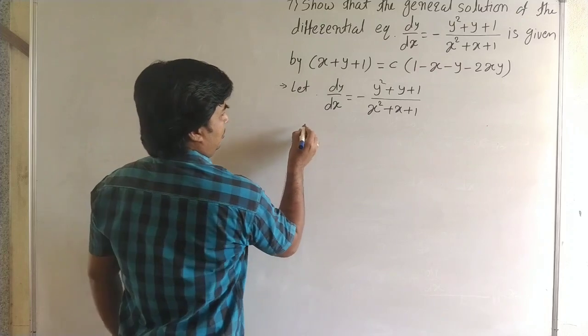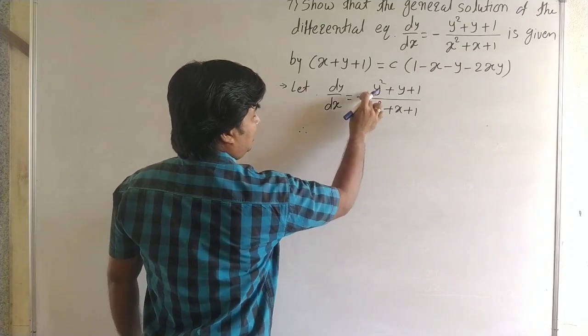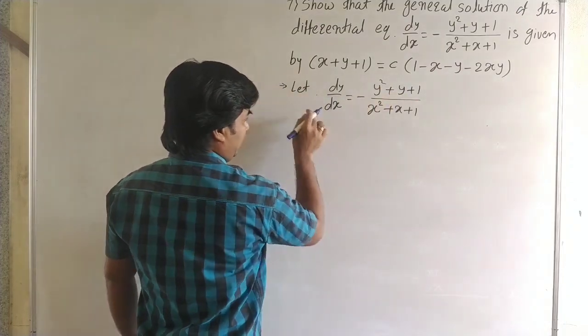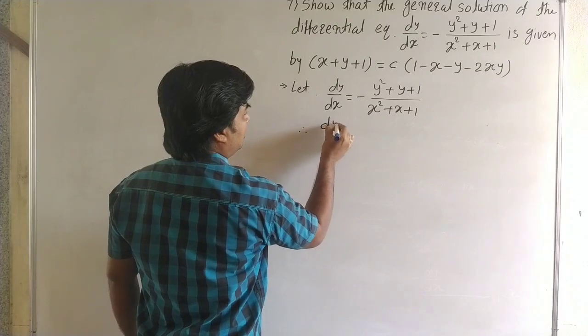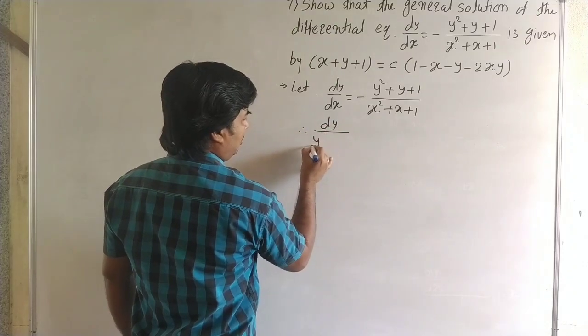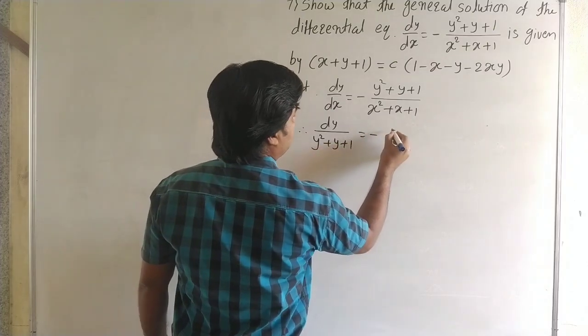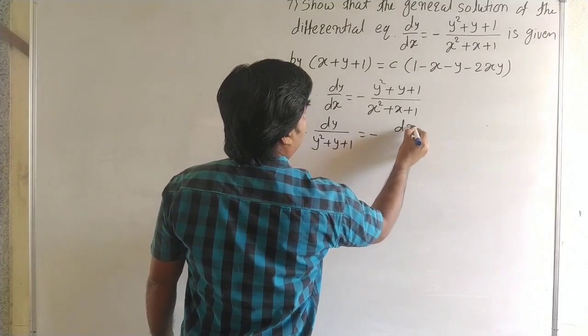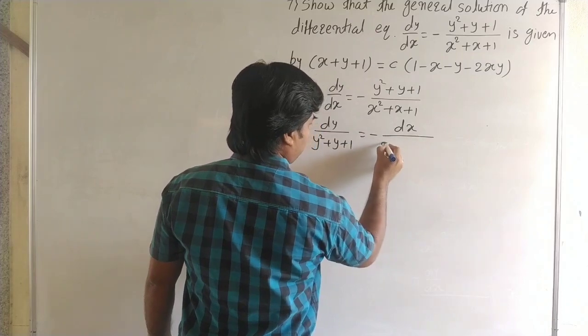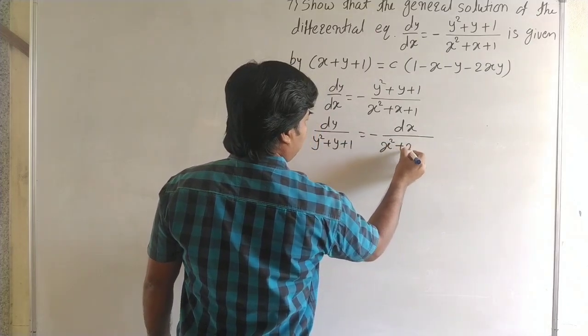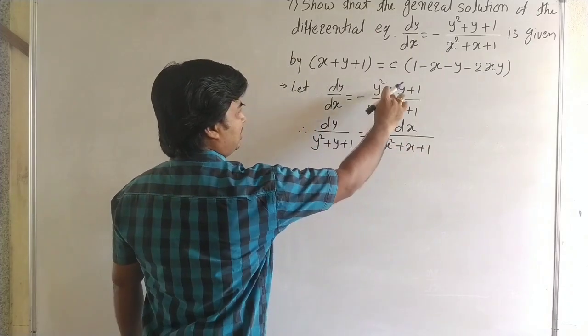Okay, so here the y term we can write here, therefore it is dy upon y square plus y plus 1 is equal to minus dx upon x square plus x plus 1. Here dx here and here.